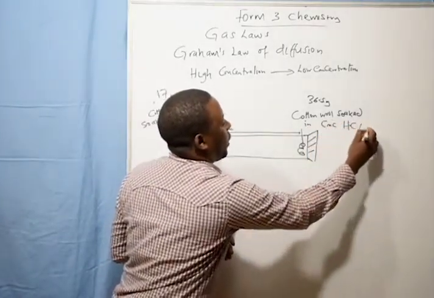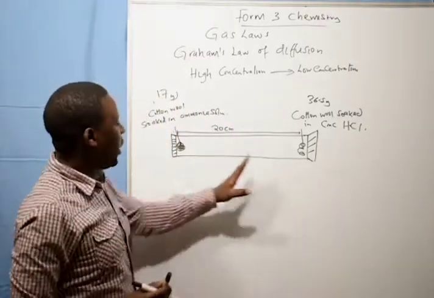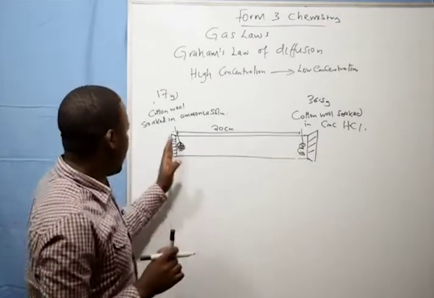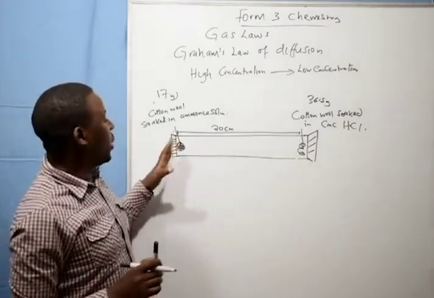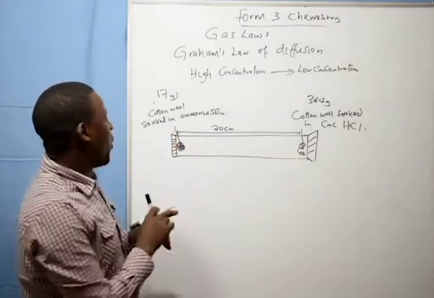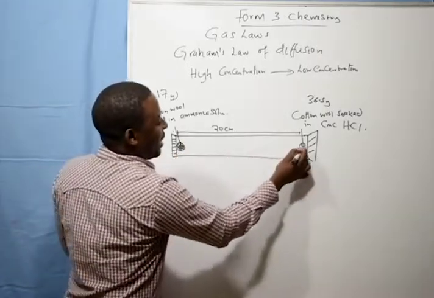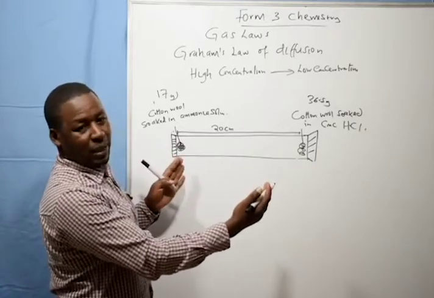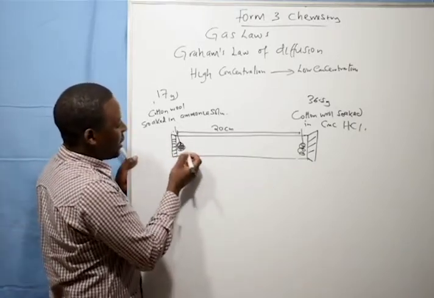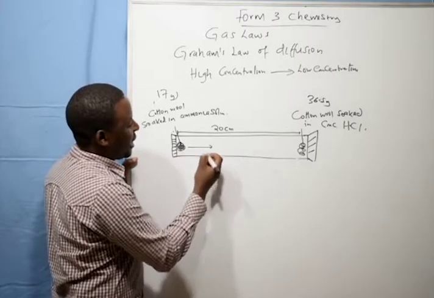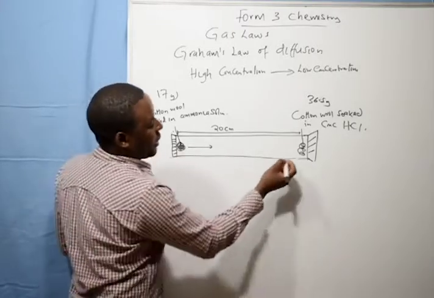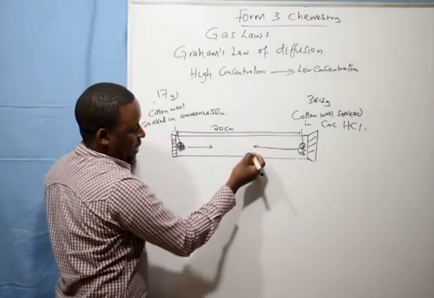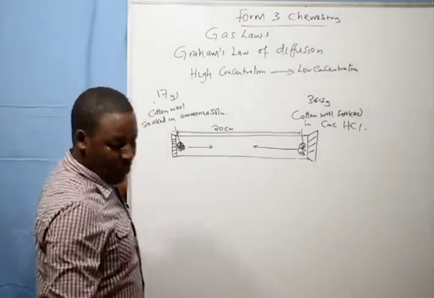This cotton wool will emit hydrogen chloride gas, and this one will emit ammonia gas. When the two gases are emitted at the same time, ammonia gas generated here will diffuse in this direction, and hydrogen chloride gas generated here will diffuse towards that direction.